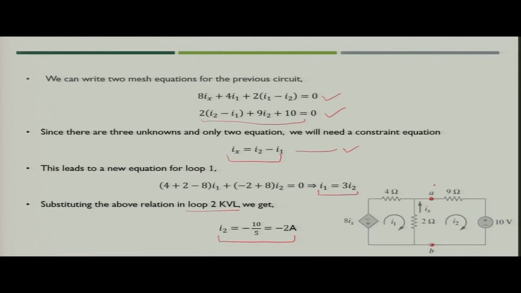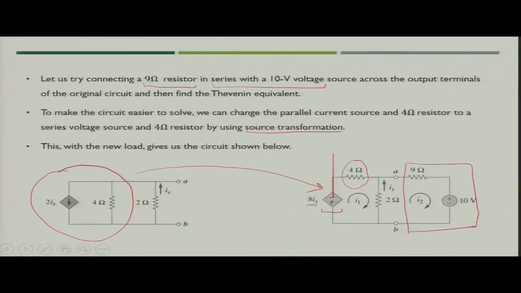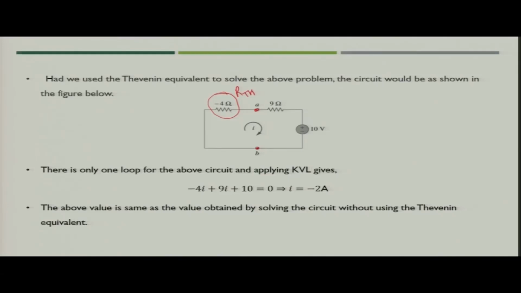So, the left side of this, which was our original circuit, can be replaced by only the minus 4 ohm Thevenin resistance connected across terminal A and B. So, we now have a very simple circuit, and we get the equivalent resistance of this loop as 5 ohm, plus the 10 volt voltage source is connected.